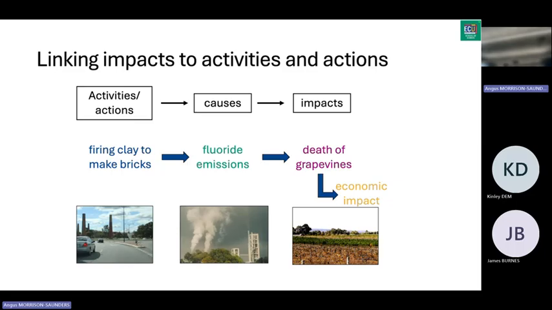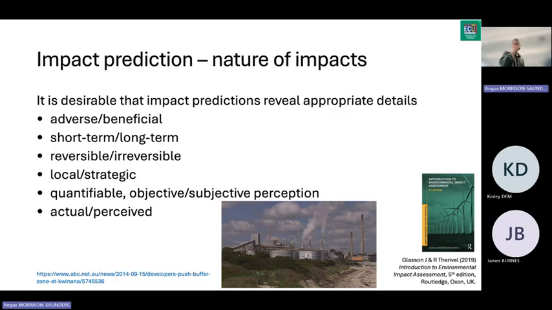You see how we've actually had a physical change under the definition of environment in Western Australia. A physical change to the environment causes the economic impact. It arises from that. And what we've done is we've traced out the pathway of that impact, from its development activity, the actual brickworks, to the actual economic issues.